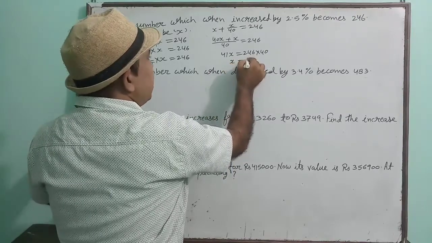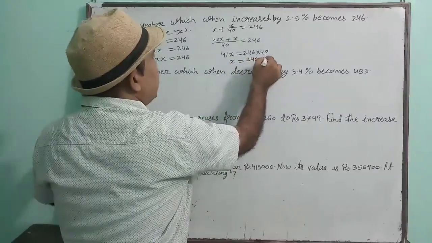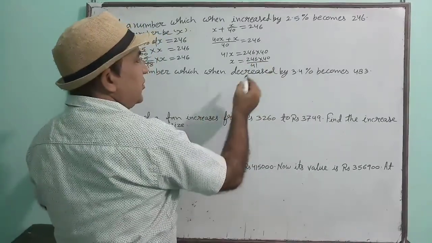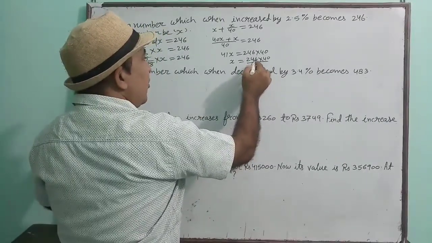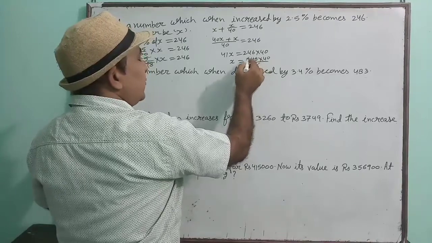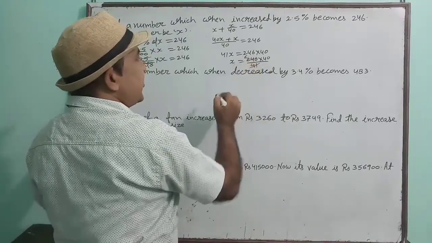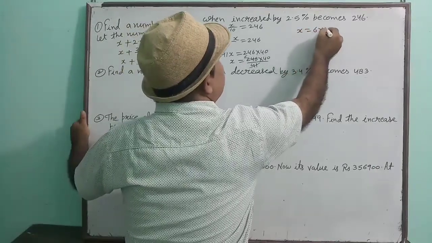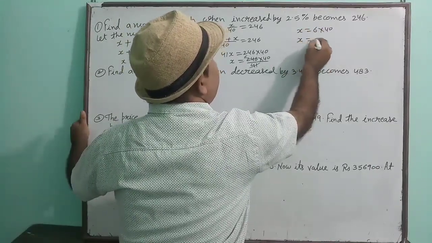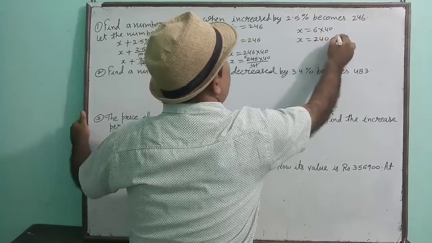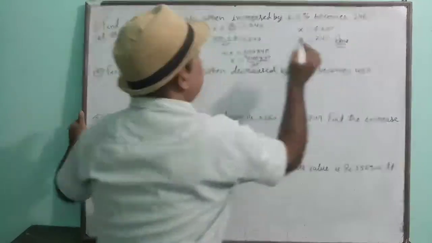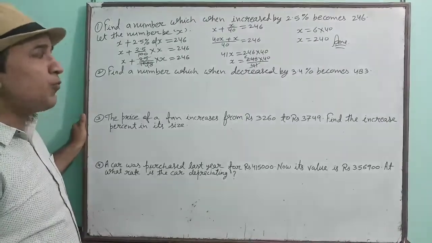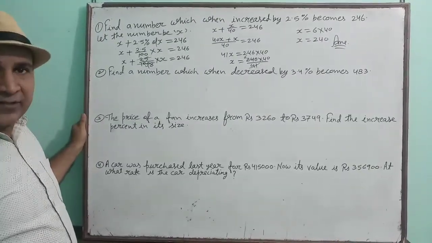So x is equal to 246 into 40 upon 41. Now see children, 41 divides 246 by 6 times. So x is equal to 6 into 40, which means 240. That means the required number x is 240.